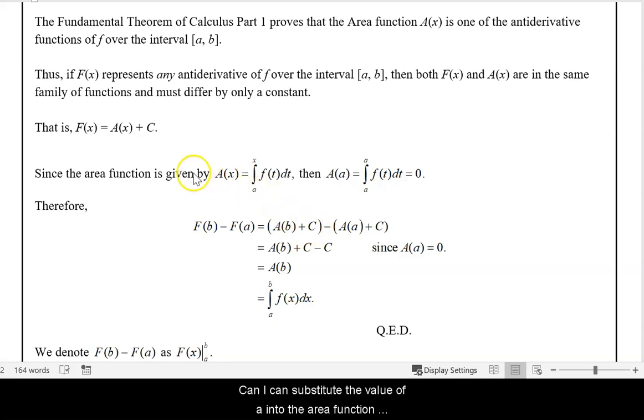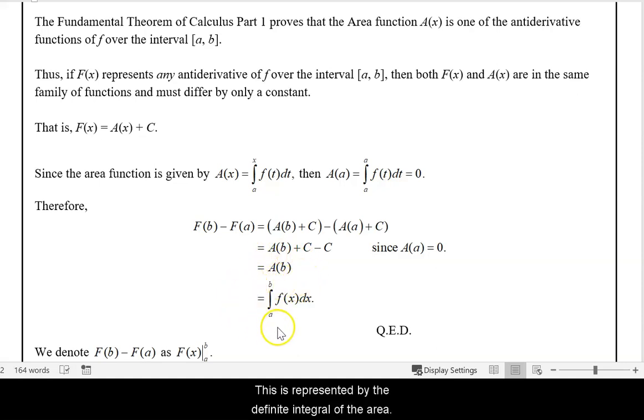Then I can substitute the value of a into the area function plus the constant as well. Distributing the negative will give me a c minus c. Since I know that the area function evaluated only from a to a is 0, this reduces to the area function at letter b.